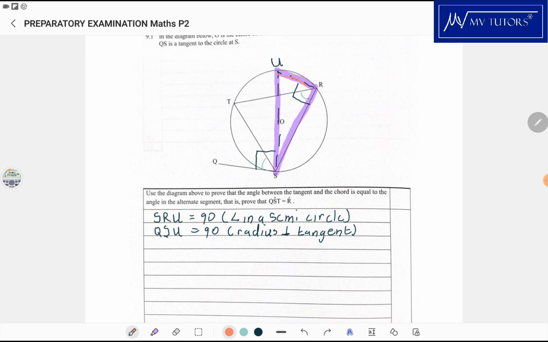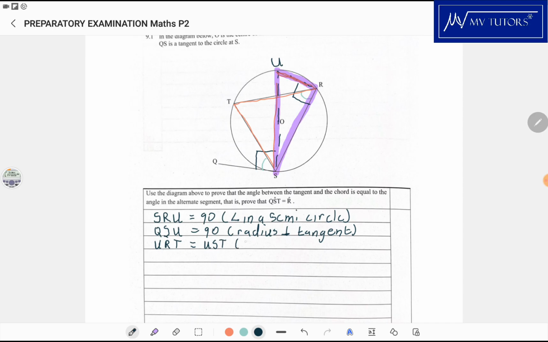Do you see that these other angles, I'm just gonna draw them in red, URT and the angle UST, they both come from the same segment TU. So I can actually say, if I look at the angle URT, this angle is equal to the angle UST.